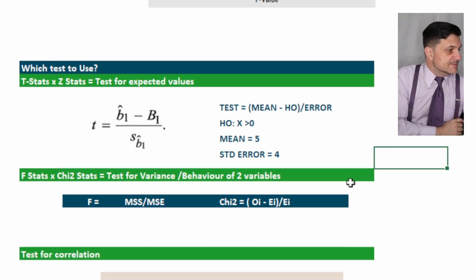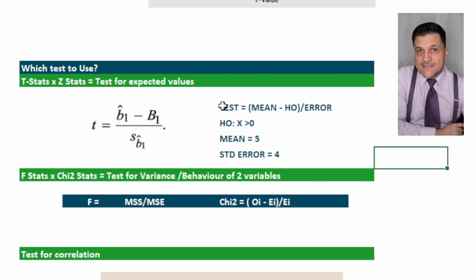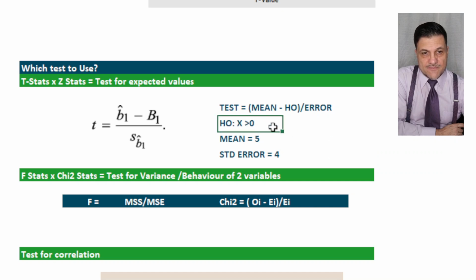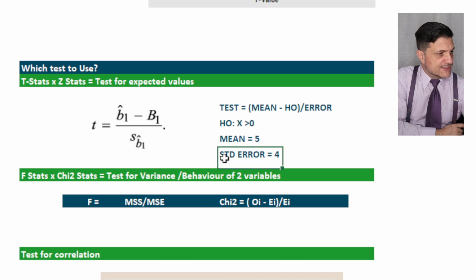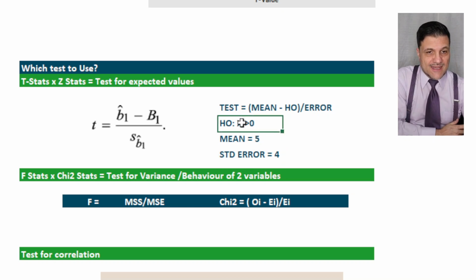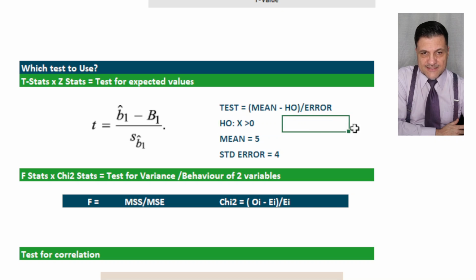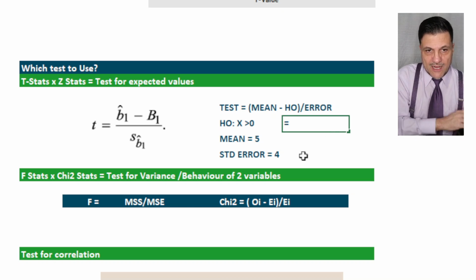Look at that. So I want to do a test. H0 is X higher than 0. I want to reject this. I collect data, got the mean, it was 5, the standard error is 4. Do I reject or fail to reject this hypothesis that H0 is X higher than 0? I don't know until I perform this calculation here. So let's do it. Pay attention.